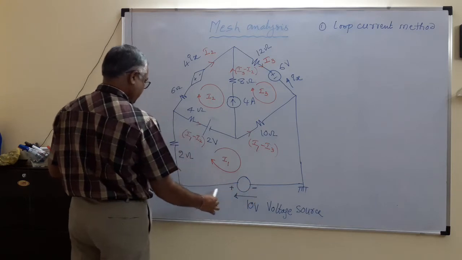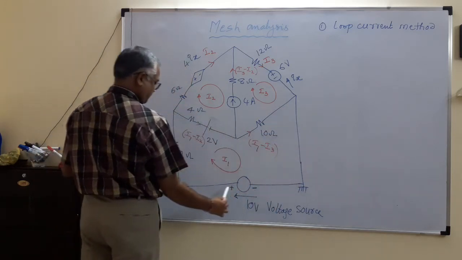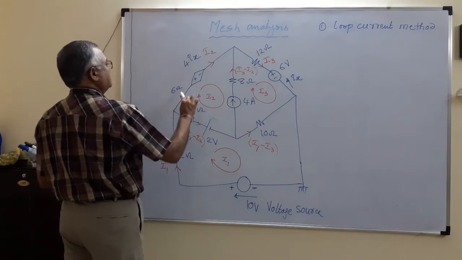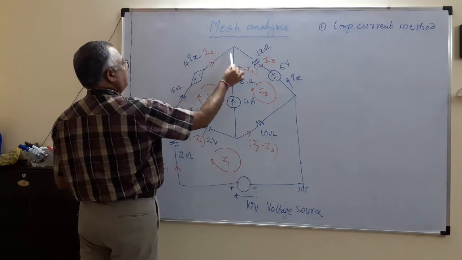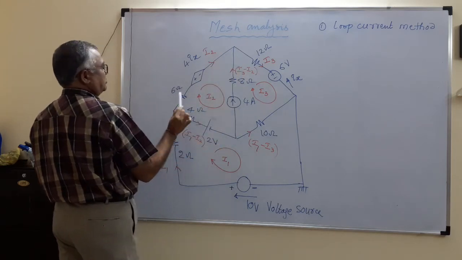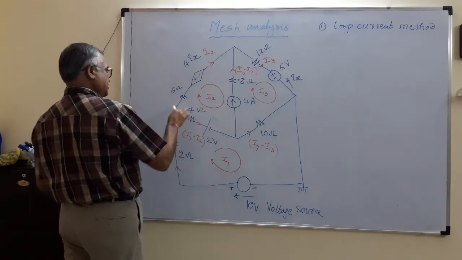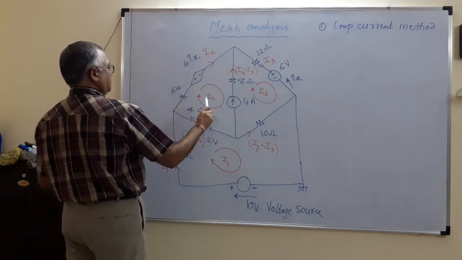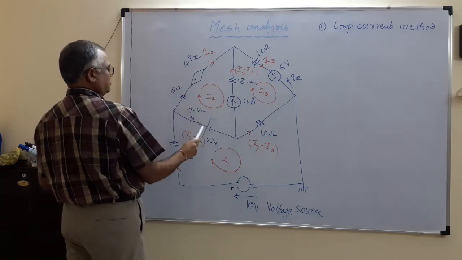If you start here, this is one of the loop equations. Second, can we write like this? Everybody says, or the majority says, yes, but the answer is no. You can't write a mesh equation like this. What is the reason? What is that mesh equation? Sum of the voltages in the loop equal to 0.